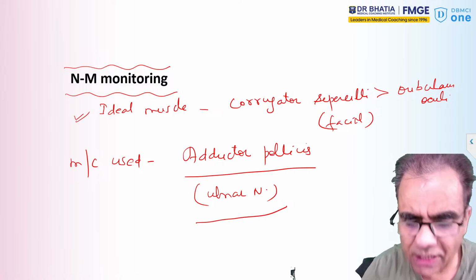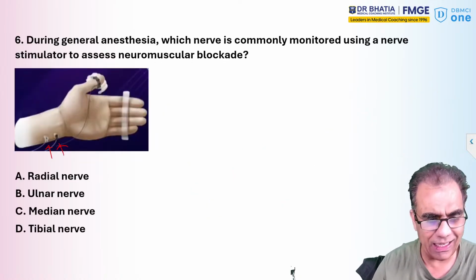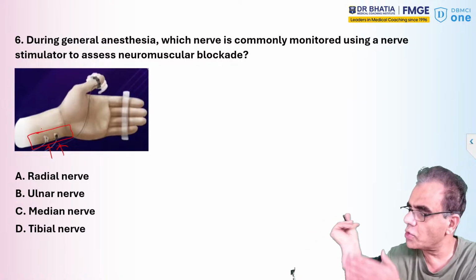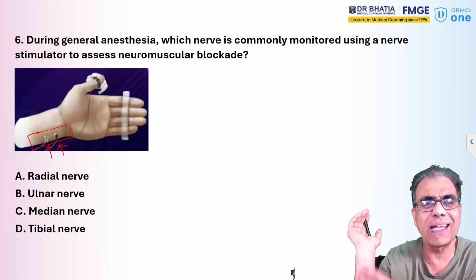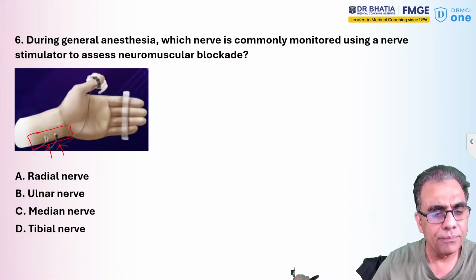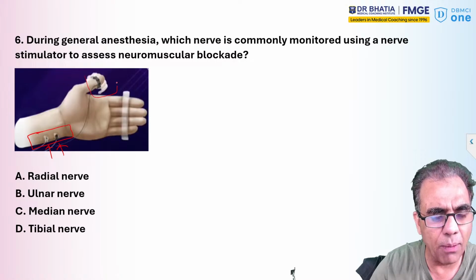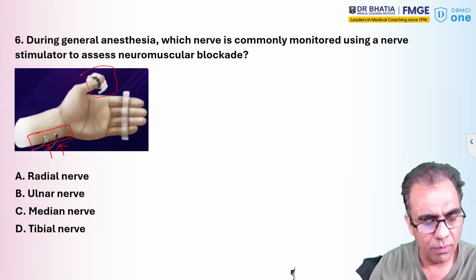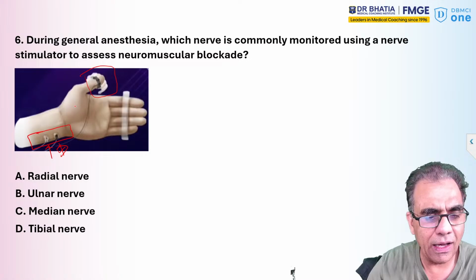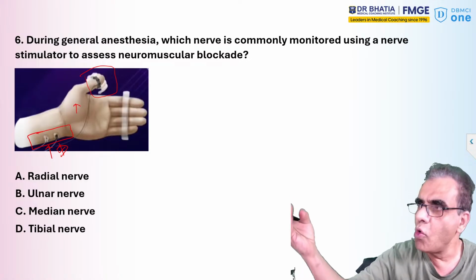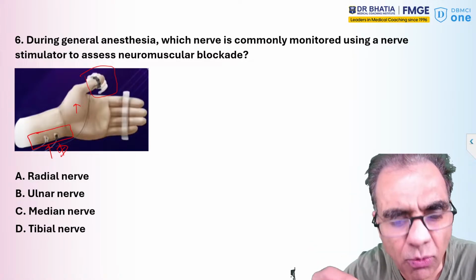And why adductor pollicis? You can clearly see there is enough space to apply electrodes to stimulate the ulnar nerve on the medial side of the forearm, and then you can see the thumb movements, because once you stimulate, the ulnar adductor will be stimulated and that will move the thumb, but there is no need to see the movement.